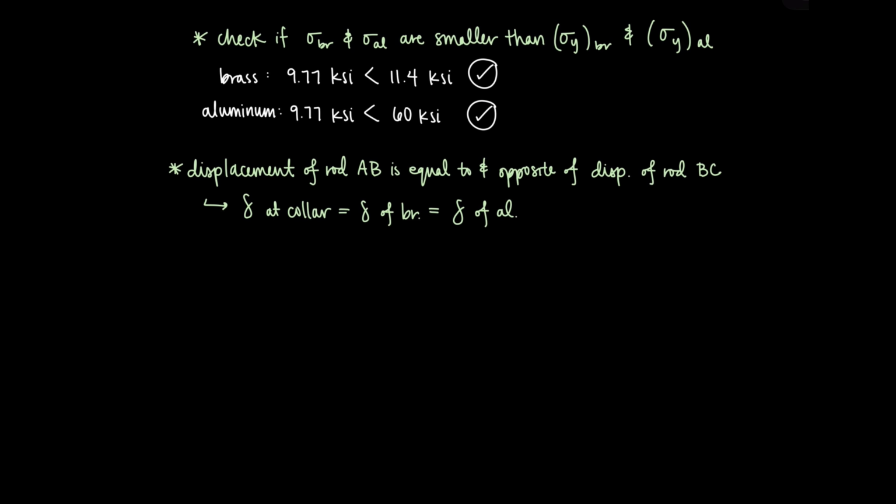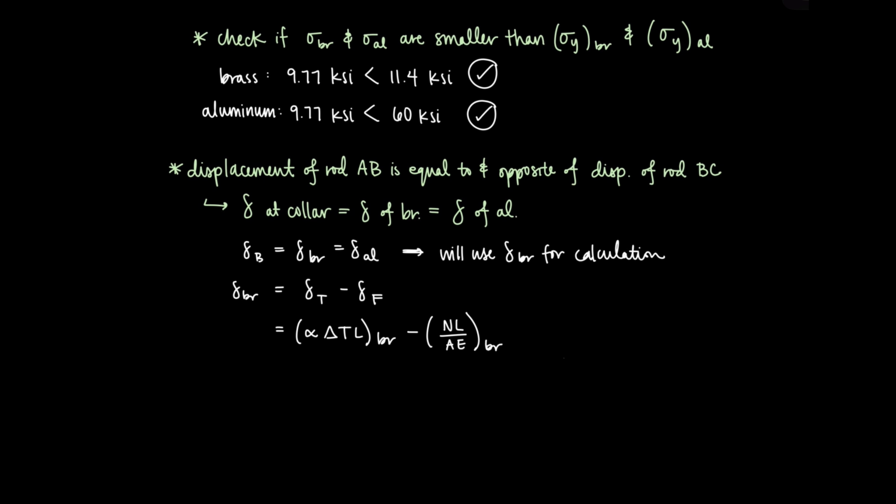And lastly, we can calculate the displacement at collar B. Remember that our compatibility equation requires that the displacement of rod AB is equal in magnitude and opposite in direction of the displacement of rod BC. The same must also apply to the displacement of collar B, since that is also a part of the system. Therefore, the displacement of all three sections must be equal.